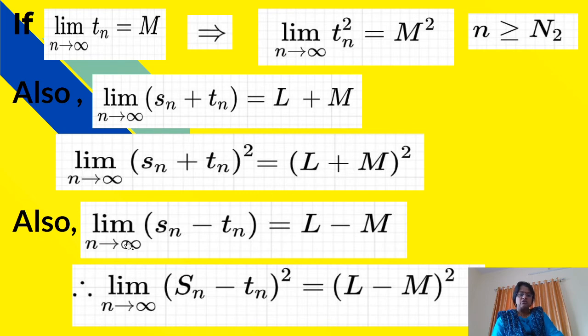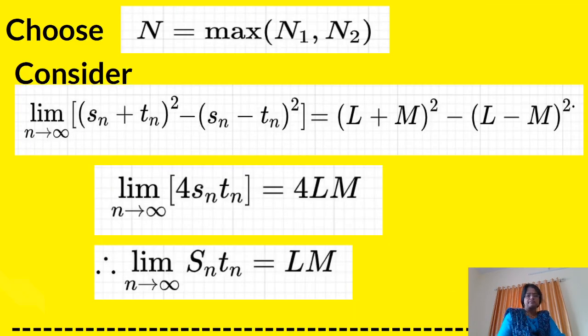Also, limit of Sn minus Tn as n tends to infinity is equal to L minus M. This result we have also proved just before, and therefore limit n tends to infinity of (Sn minus Tn) whole square is equal to (L minus M) whole square, using theorem number 4.